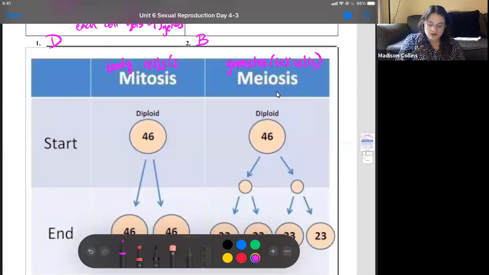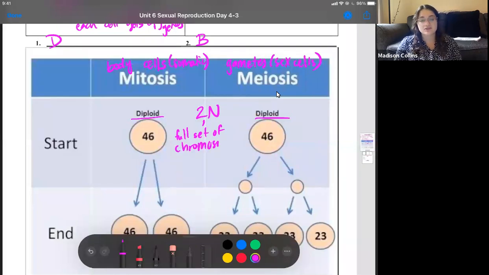Okay. In both cases, we're starting out with a diploid cell. You'll see this represented as 2N, meaning it has the full set of chromosomes. So in humans, that's 46. 2N is a diploid number, meaning it has all of the chromosomes that cell needs.